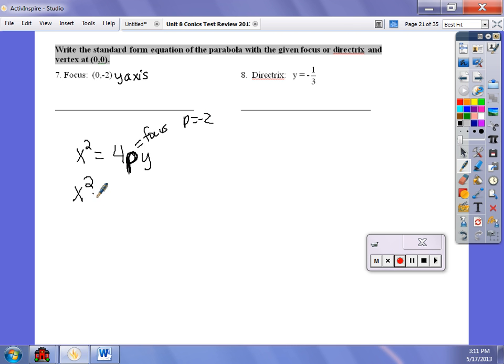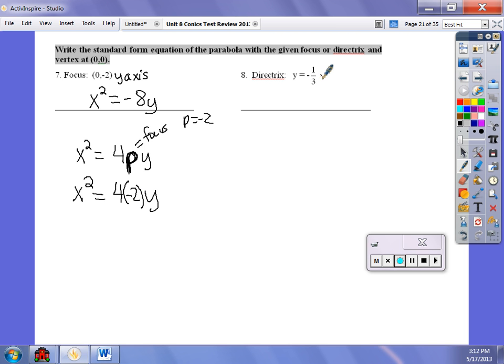So this stays the same, this stays the same, this stays the same. The only thing that changes is your p value. So once you multiply those two together, that gives you the standard equation, which is going to be negative 8y. We're done. That's it. Okay, once you get the focus, plug it in and then write it.